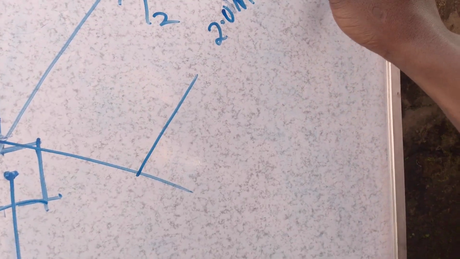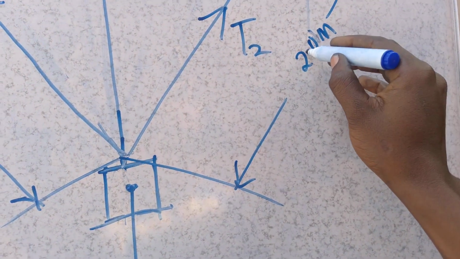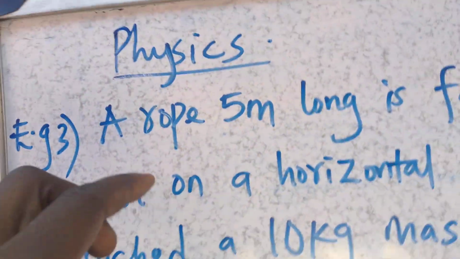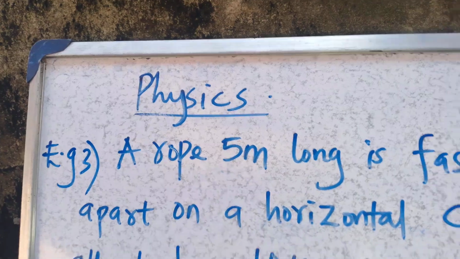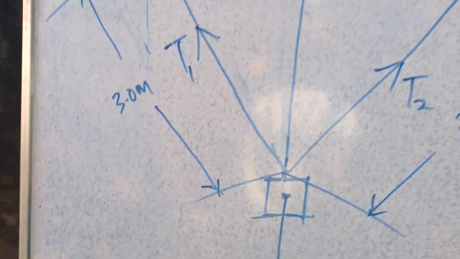When you add them, 3 plus 2 gives you 5, which is the actual length of this rope. The rope is 5 meter long.